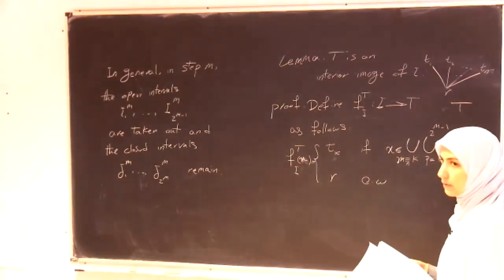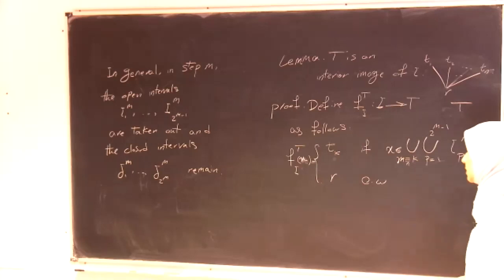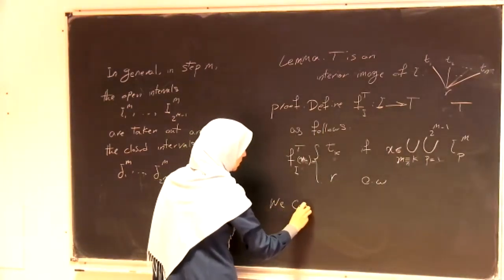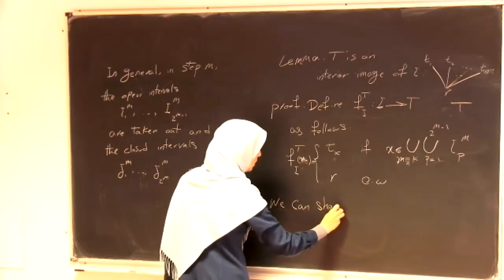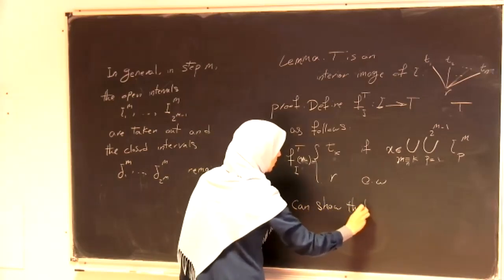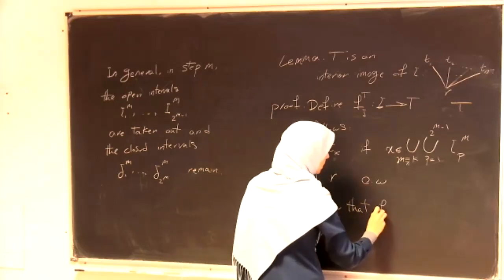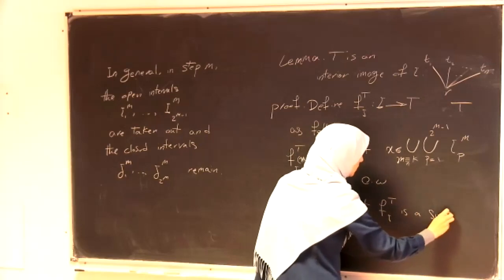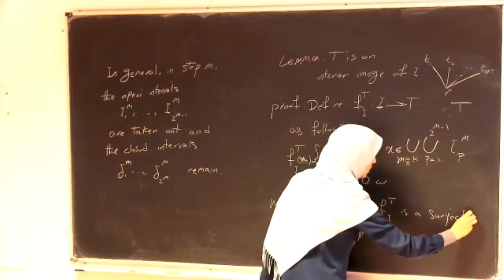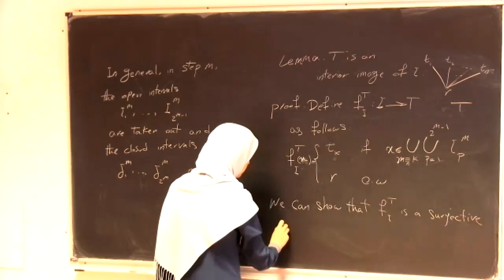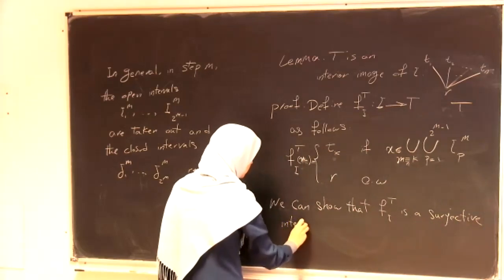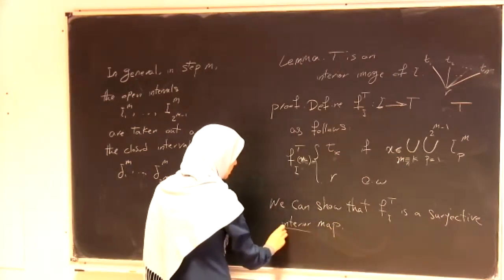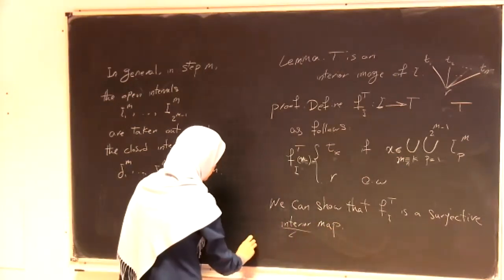I don't have enough time to go into the details, but we can show that f_{I,T} is a surjective interior map. And by interior, I mean open and continuous.